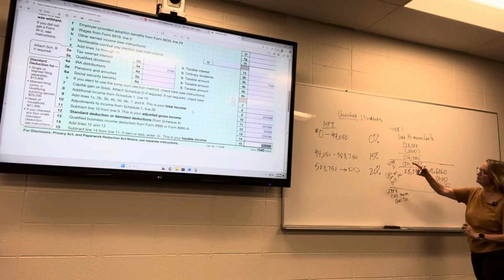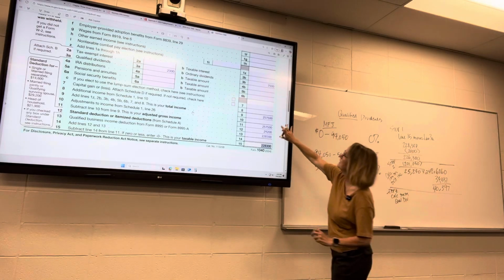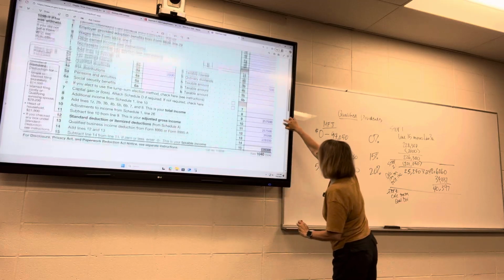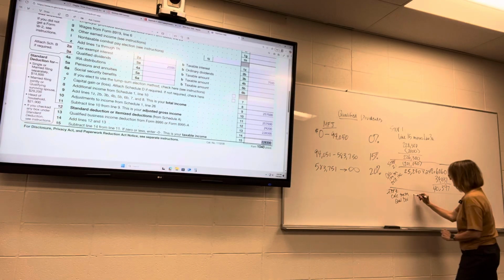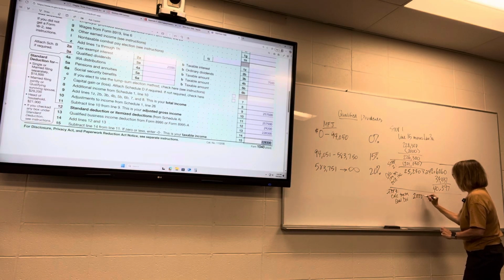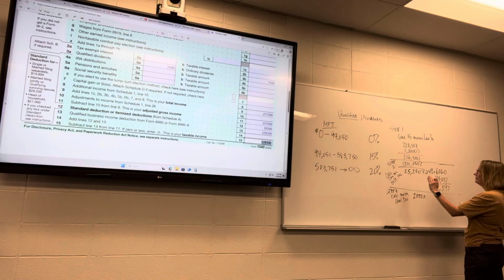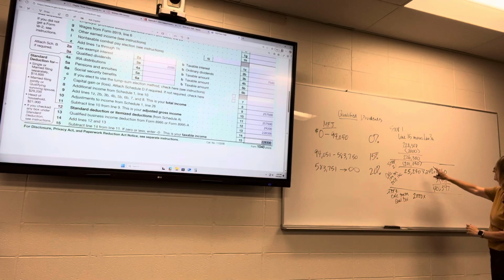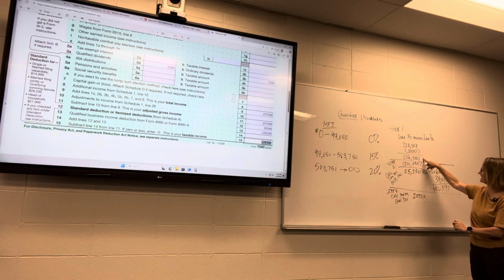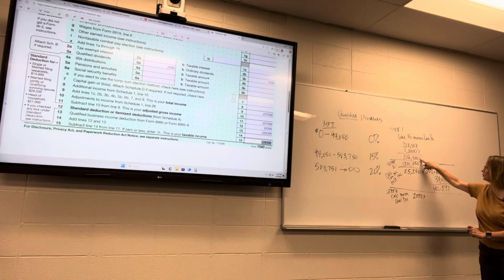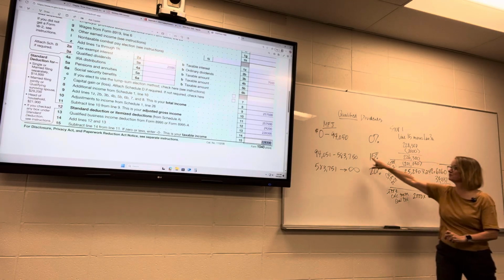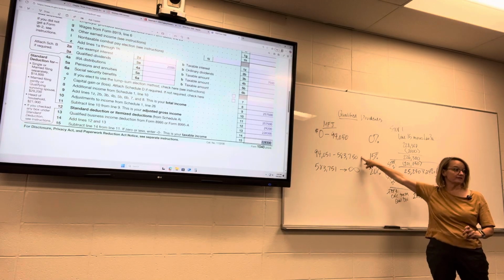So we have $2,000 of qualified dividends right there. Because our taxable income before dividends is $226,300, we're in the 15% bracket for dividends.